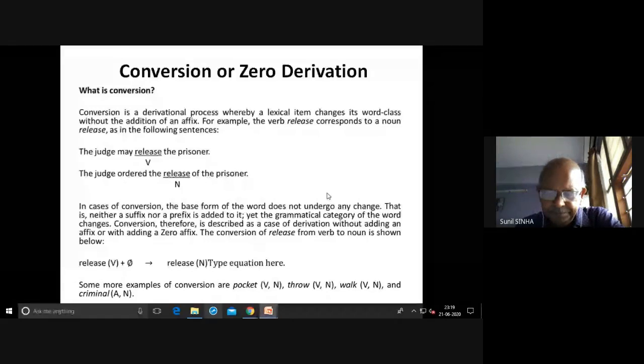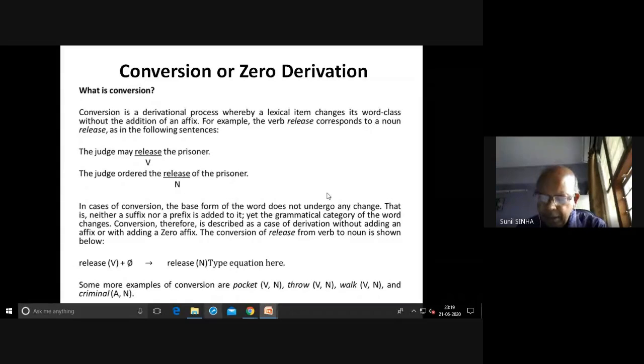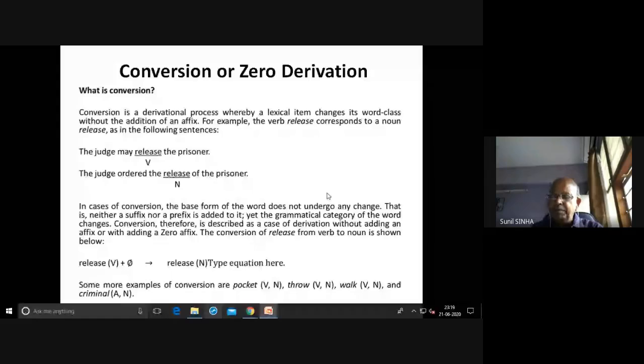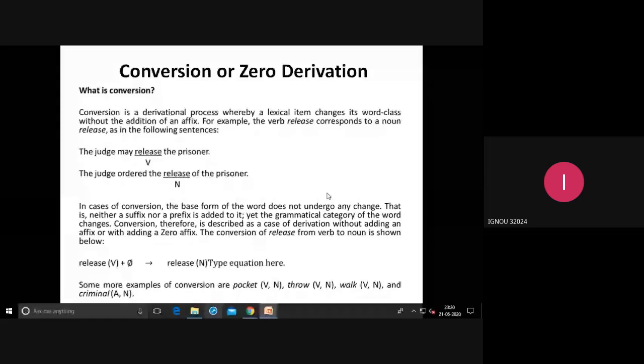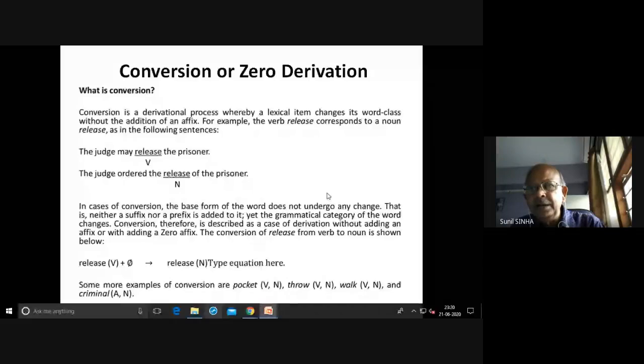So we add nothing to release, or in other words, in technical terms, we say we add a zero morpheme or zero affix or a zero suffix to verb release, and we get release noun. This is called conversion. Now, look at the word pocket.